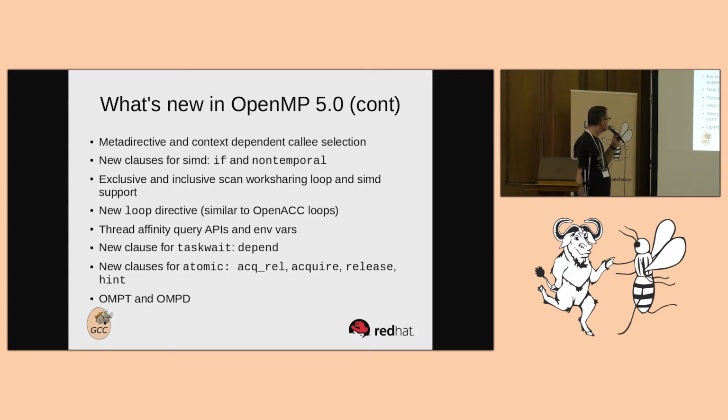The task wait construct now has a depend clause, which is kind of a task dependency at the end of the task wait. You wait only for some task that satisfy the depend. For the atomic construct, you can now specify many more memory models you use for the atomics. In the past, it has been just relaxed or fully synchronized, and now you have many more options.